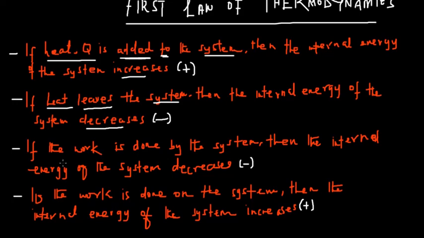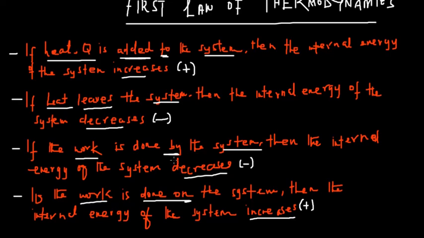Now, if the work is done by the system, then the internal energy of the system decreases. But if the work is done on the system, the internal energy of the system increases. You need to note these points.